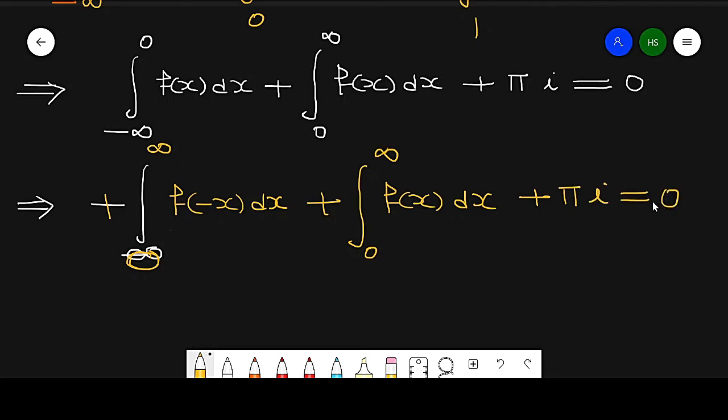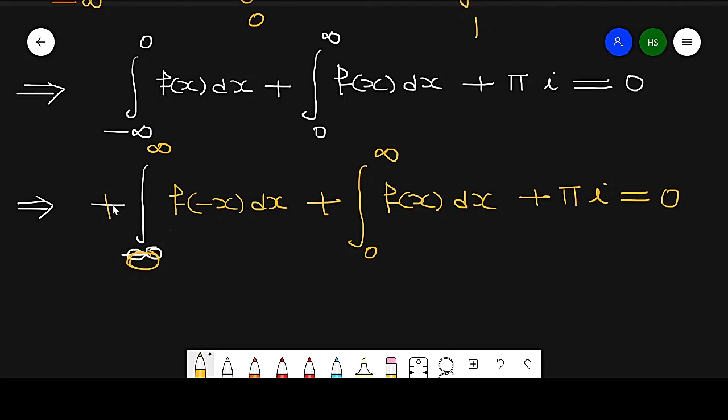So the only difference is in this value. So what is this value? Here it is f of minus x. So when I replace f of minus x, I will get this kind of equation. So the limit is plus infinity to 0, f of minus x, and this is a minus dx.